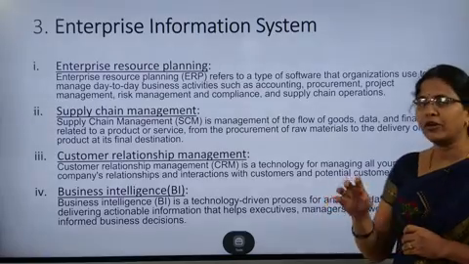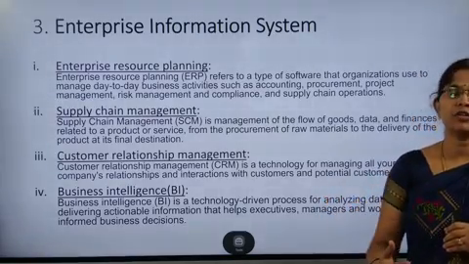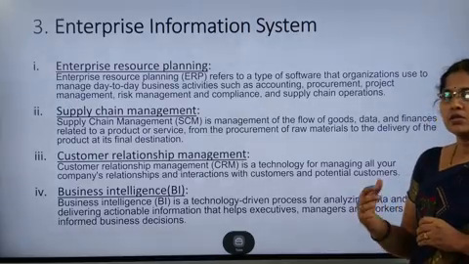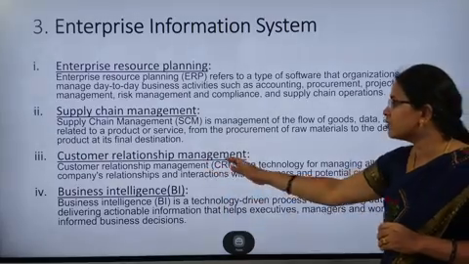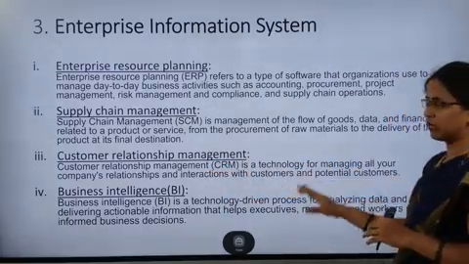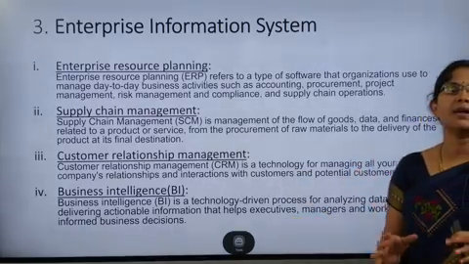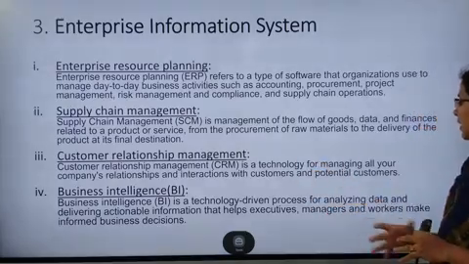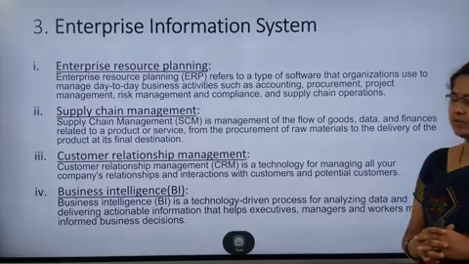When that feedback is given, you can interact with your customers in a better manner. For such feedback and survey purposes, we use customer relationship management. It is also a technology and software used for managing all your company's relationships and interactions with your customers and potential customers.